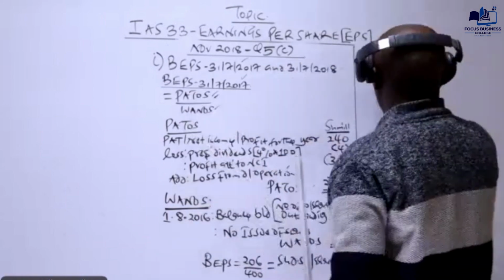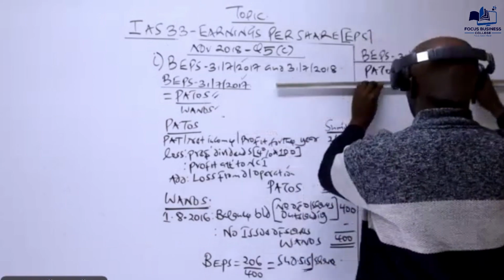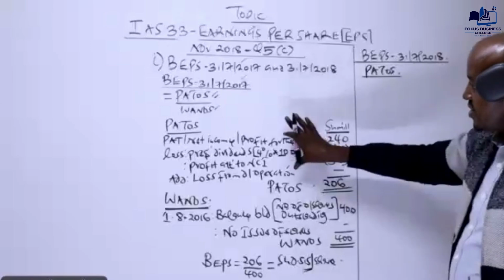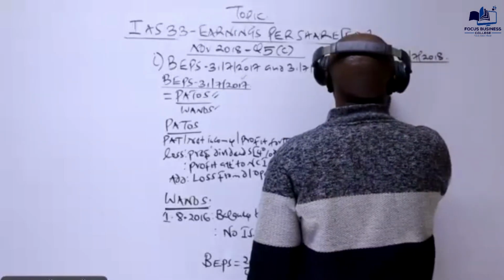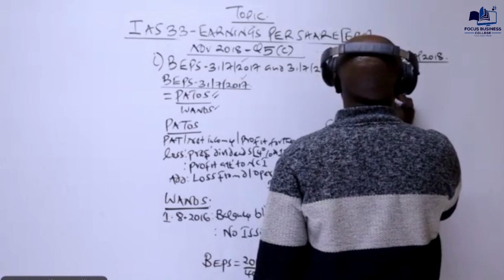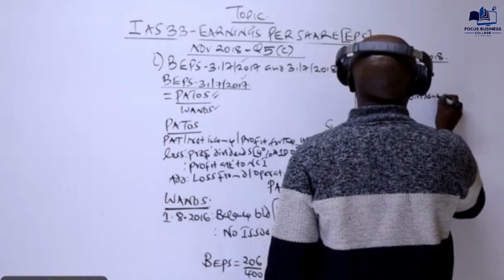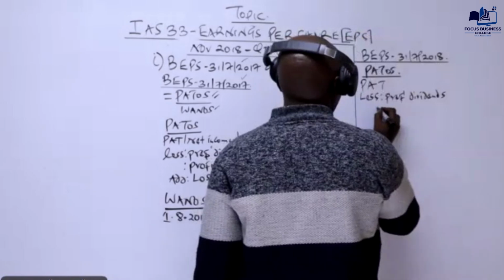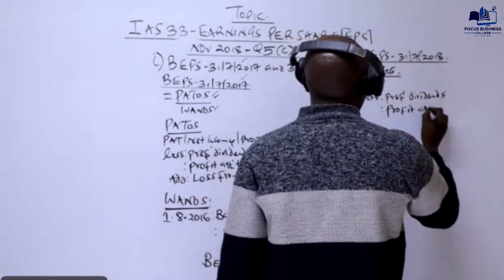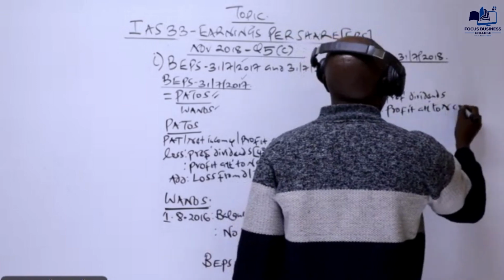So we start by computing the PATOS. The PATOS for the second year, the computation will not change. We are using the same approach. We take the profit after tax, we less the preference dividends. We also less the profit attributable to NCI.